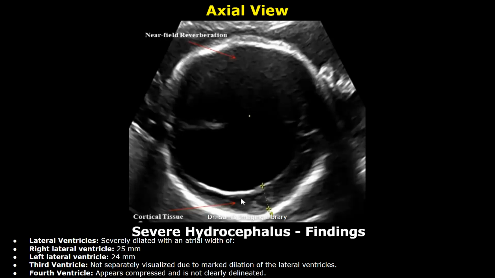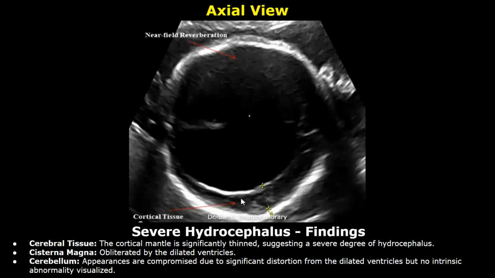Fourth ventricle appears compressed and is not clearly delineated. Cerebral tissue. The cortical mantle is significantly thin, suggesting a severe degree of hydrocephalus. Cisterna magna obliterated by the dilated ventricles.